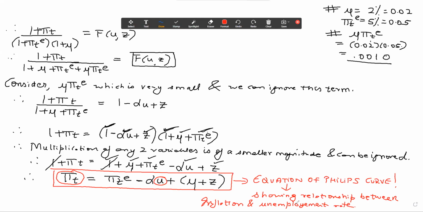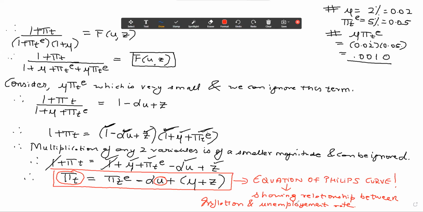So the whole process, we started with the medium run AS curve, and from that, using the math, we have derived the relationship between inflation and the rate of unemployment. This gives us the equation of the Phillips curve. So I hope all students are clear.